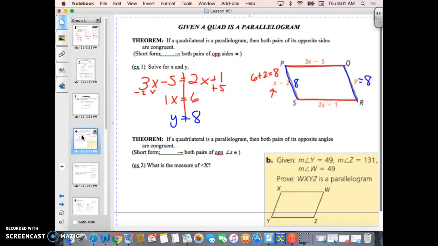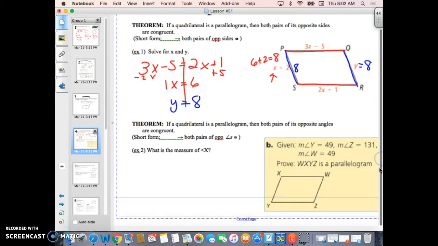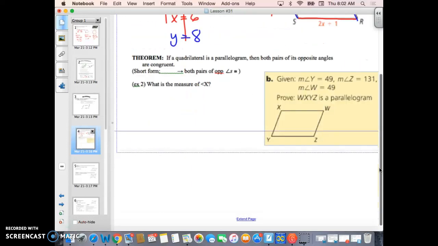All right, so you kind of have to use deductive reasoning to figure out how you can solve for both variables. Now we know that both pairs of opposite sides are parallel and congruent. So now we want to know about opposite angles. Well, we discovered that opposite angles are also congruent. So let's take a look at this.